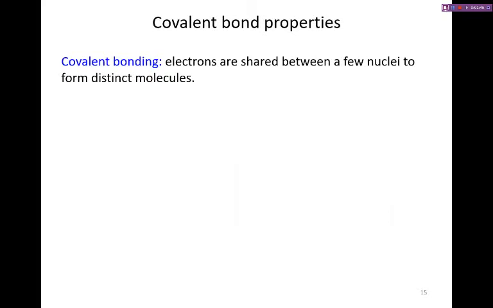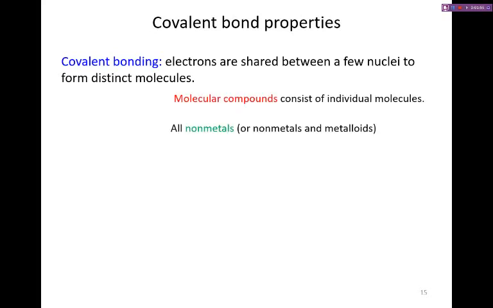As we've said already, covalent bonding is when the electrons are shared between the elements, between the nuclei, to form a molecule. Molecular compounds consist of individual molecules. In other words, there's a very distinct water molecule, and you could have it floating around another water molecule, but they are distinct and individual.